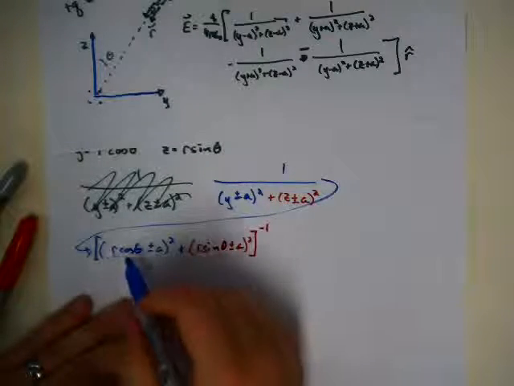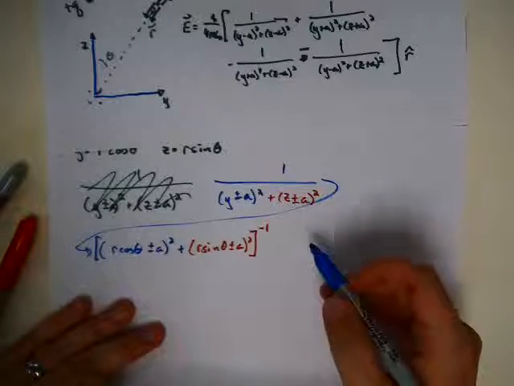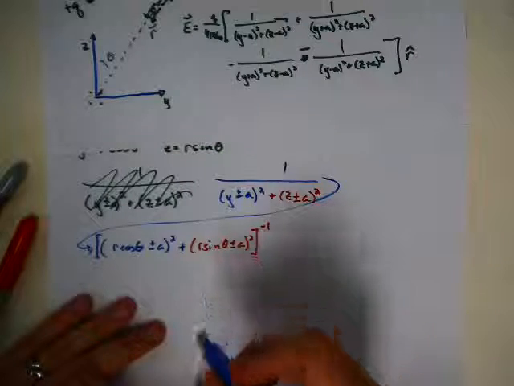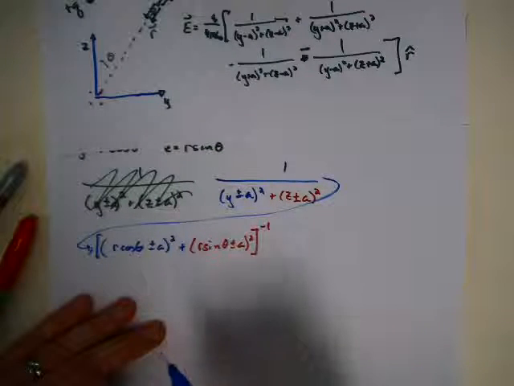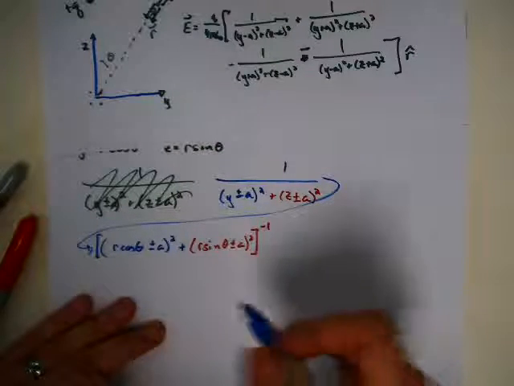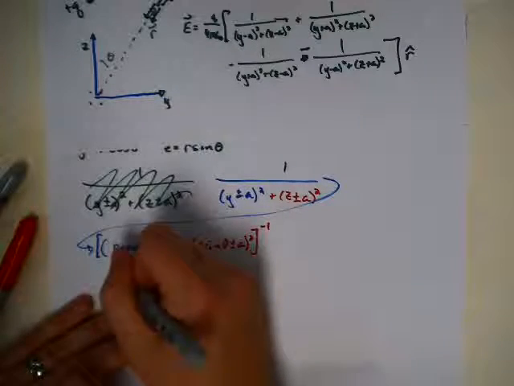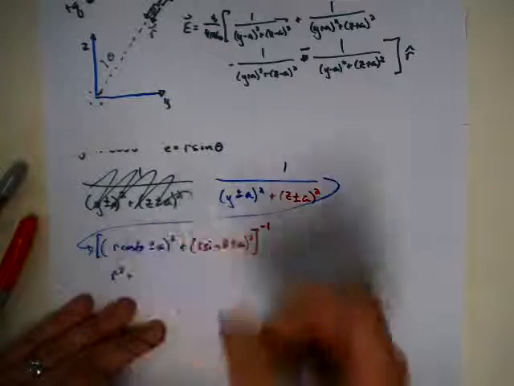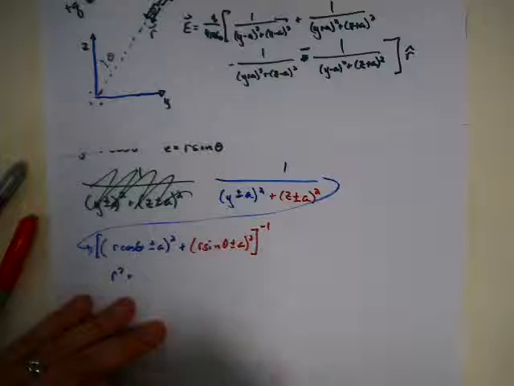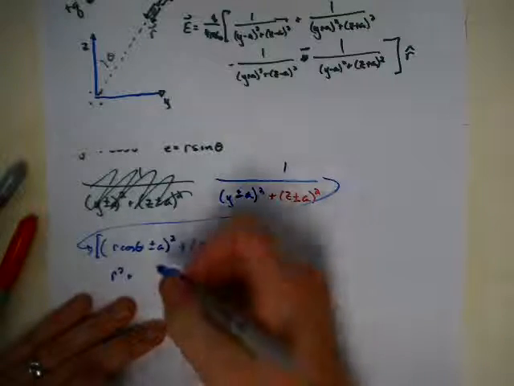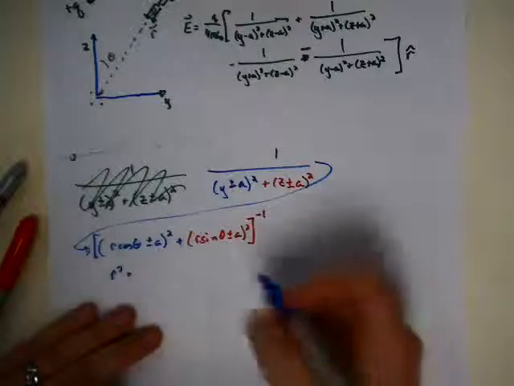Okay, now we simply expand these. We're going to get an r squared cosine squared and an r squared sine squared, which is going to add to r squared. So we're going to get r squared, then plus, now we'll do the cross terms. And so here's where I wanted to do different colors.